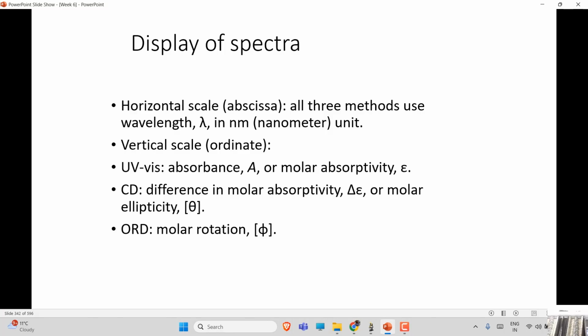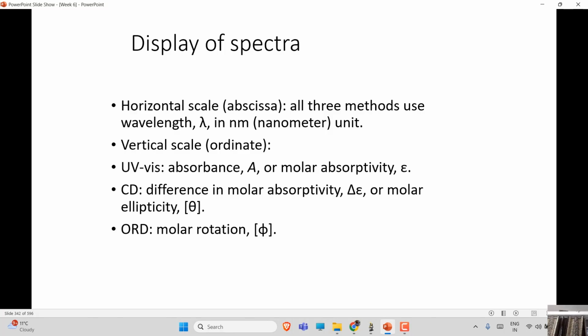How do you display the spectra? The horizontal scale for all three methods will use lambda in nanometer units. The vertical scale will be the ordinate: UV-vis absorbance or molar absorptivity, epsilon. Now, for CD, the difference in molar absorptivity, delta epsilon, and theta is molar ellipticity.